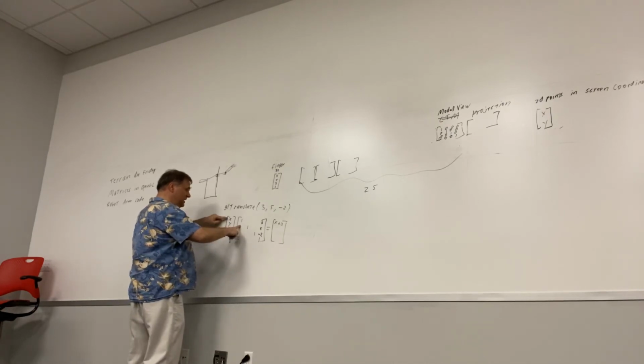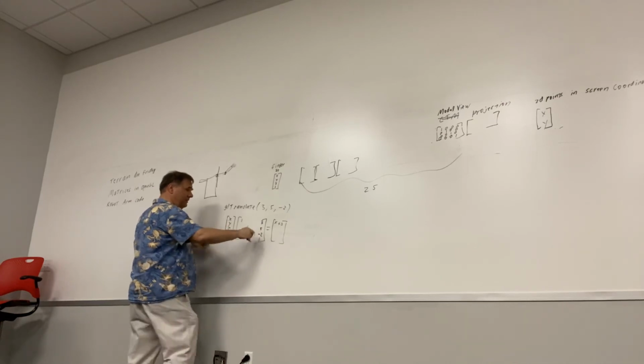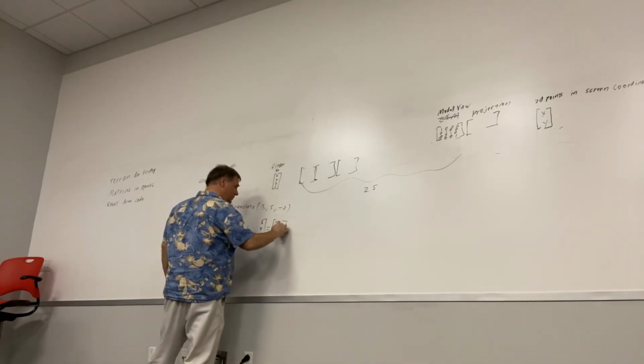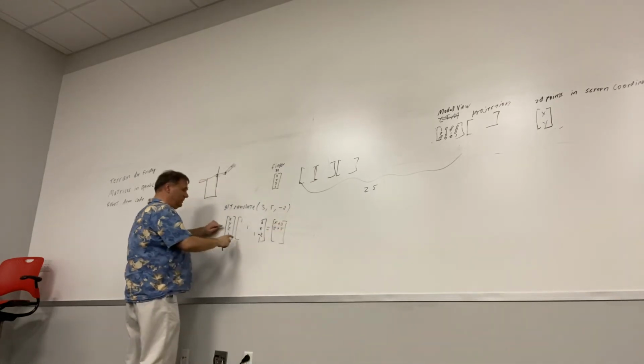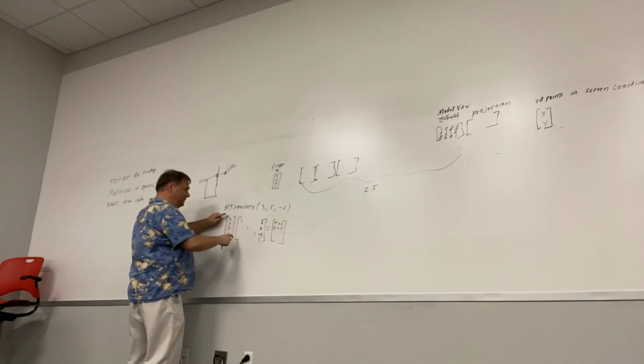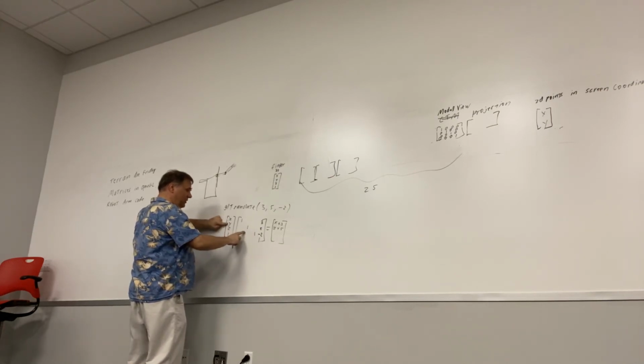0 times x plus y plus nothing plus 5. Y plus 5. And then when I do this times this row, it's no x's, no y's, 1z minus 2.